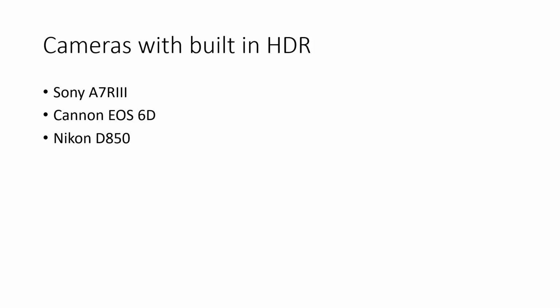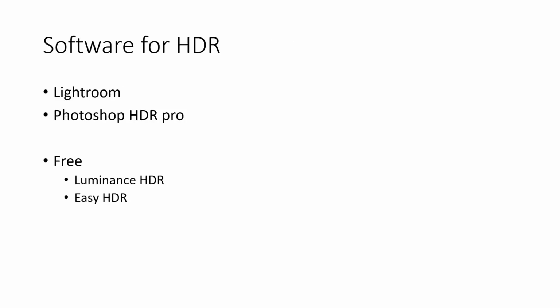I would suspect many of the newer models probably have it. Even some of the point and shoot type of cameras have that. I don't know how good it is. And when you look at software for HDR, there's Lightroom, Mario does it in Elements, Photoshop HDR Pro. I'm not sure exactly what that is.